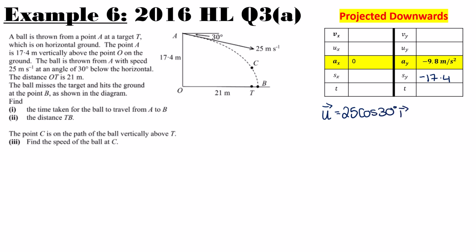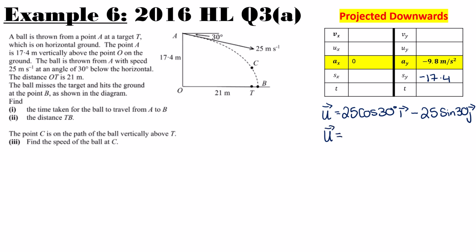And then when we get to the j, this one's going to be negative, because it's going downwards. This very rarely happens in projectiles. We are going up, we get a positive j, but for us here, this is a negative j. I would really take that into account when you are working.